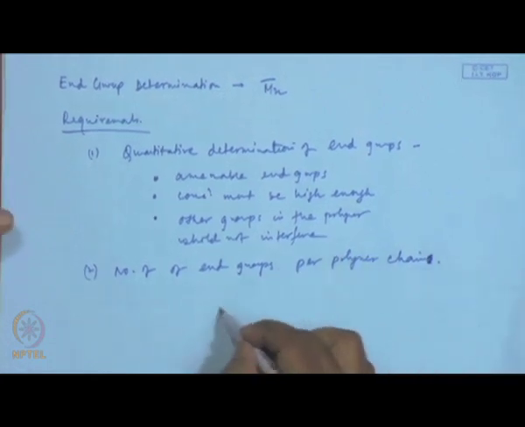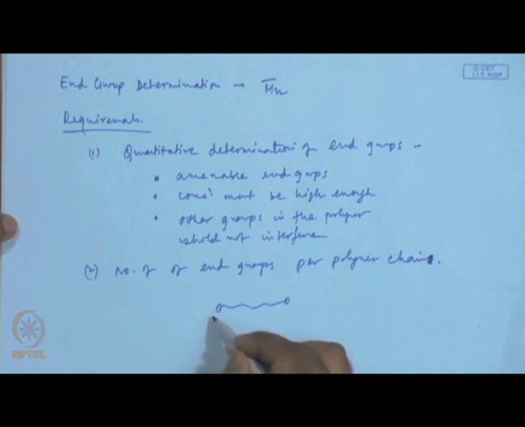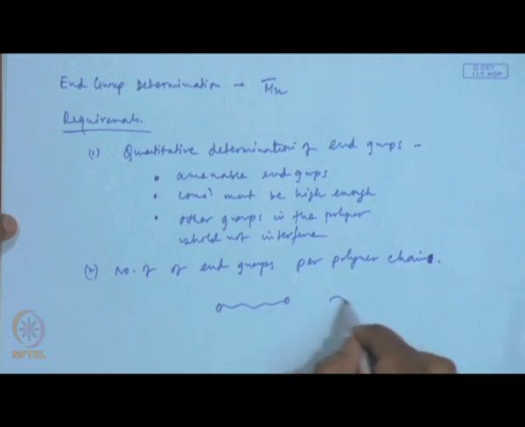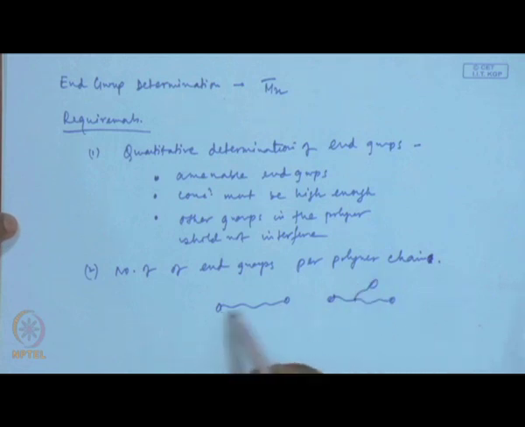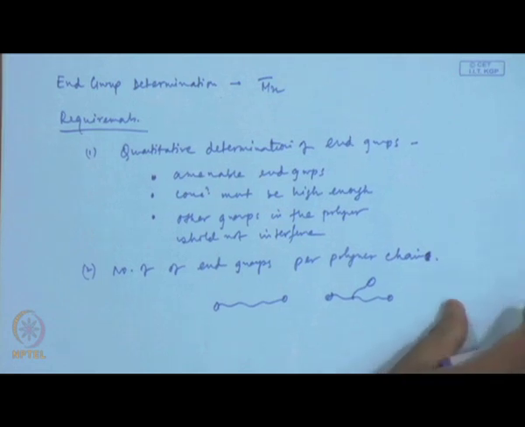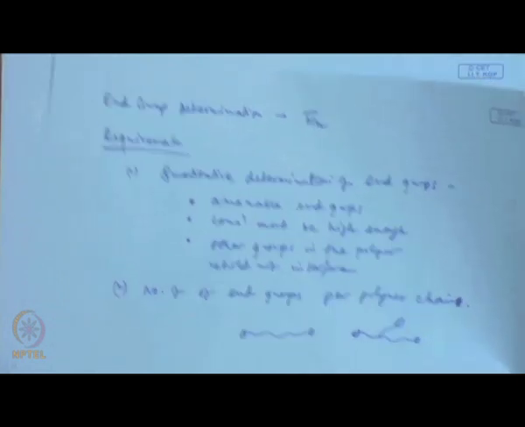Typically in a linear polymer we have 2 ends, and if it has a branch and has say 3 ends, then obviously we must know that in this case the sample has 2 chain end groups, and in this case the sample has 3 end groups, otherwise the analysis will give error in the values.